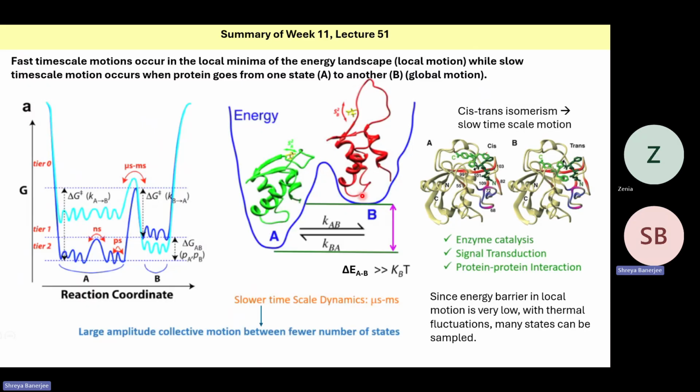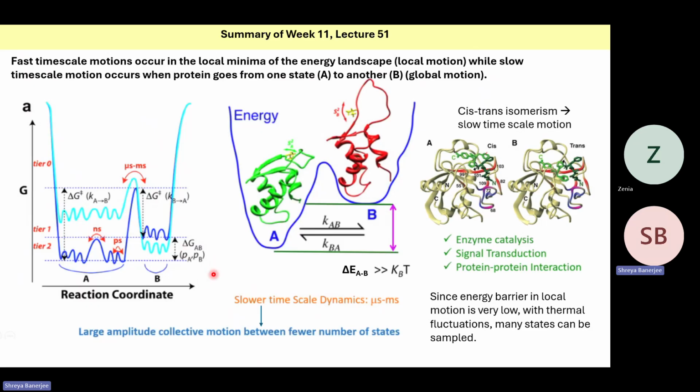Suppose the protein goes from B to A, that is, there is a huge conformational change in the protein. This occurs on a slower time scale, that is microsecond to millisecond. This kind of conformational change occurs in enzyme catalysis or signal transduction or protein-protein interaction. These are very large-scale motions or global motions which occur on a slow time scale.